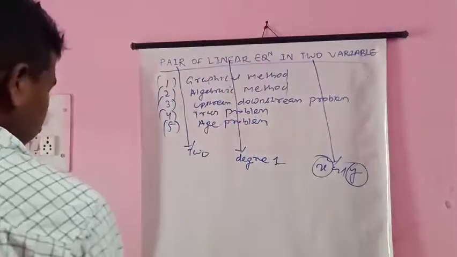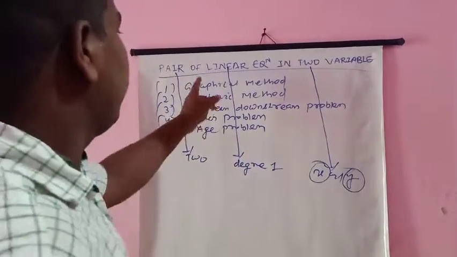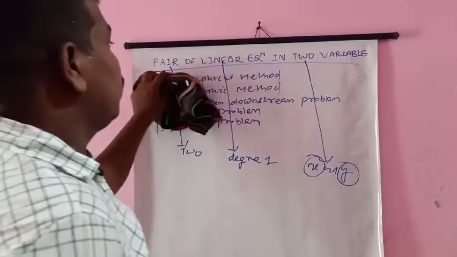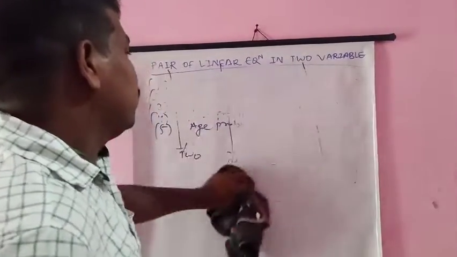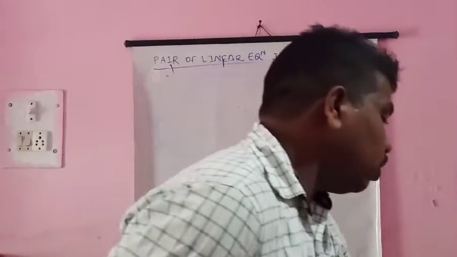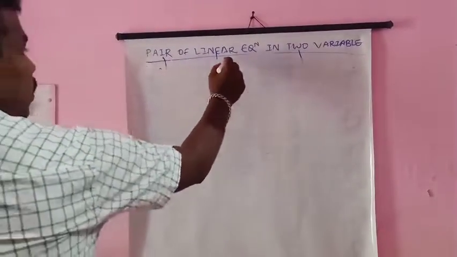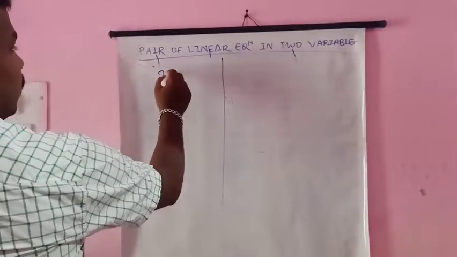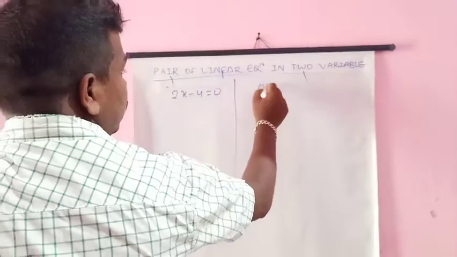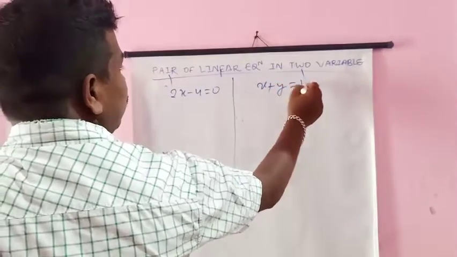First we discuss the equation which contains two variables and the one which contains one variable. Here we take two equations: 2x minus 4 equal to 0, and another equation, x plus y equal to 10.